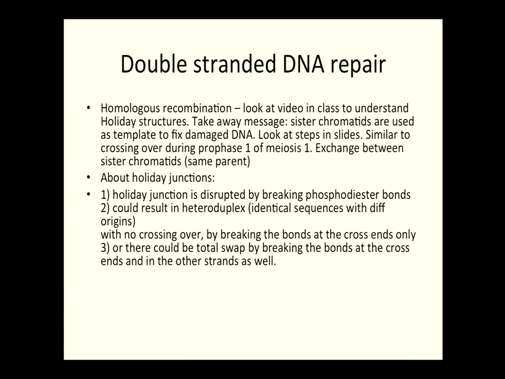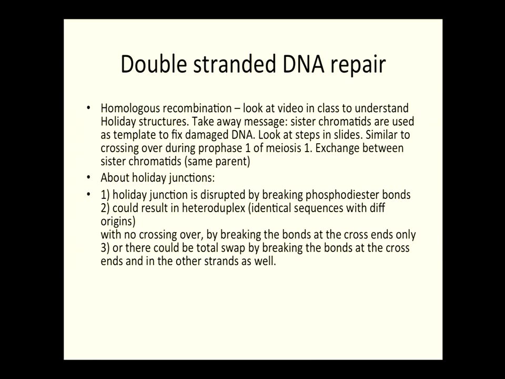All right, so as you can see over here, you can have two Holliday junctions. Now there are two ways to cleave this. You can cleave it right there and there. Cleaving it at the junctions will give you the non-crossover product. In that case, you're going to get identical sequences with different origins.